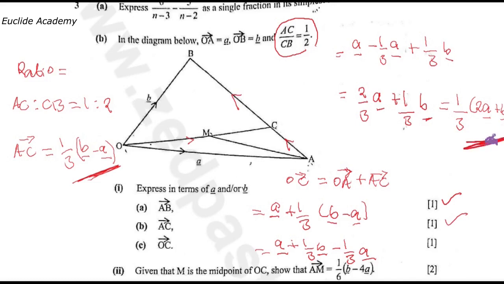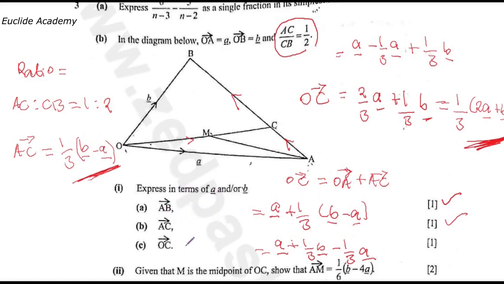So this is our vector OC. In this form, this is our vector OC, which is 1/3 times 2a underline plus b underline. That is how we find question 1, 2, 3.